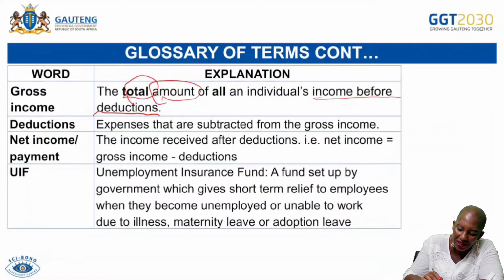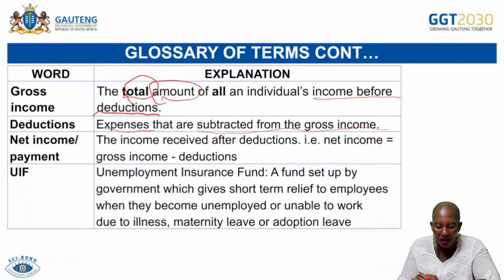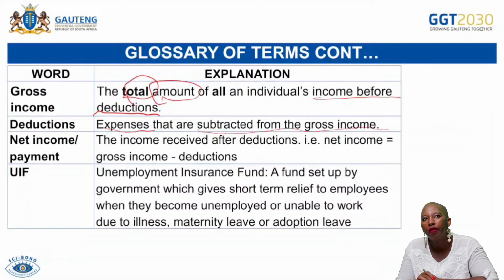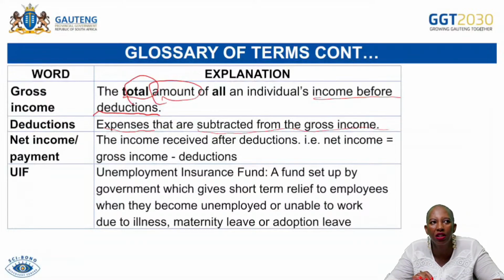And then what are the deductions? Deductions are expenses that are subtracted from a gross income. What are examples of deductions? We have loans, a home loan, it's part of the deduction. We have tax, it's part of deduction. We have pay as you earn as a part of deduction.